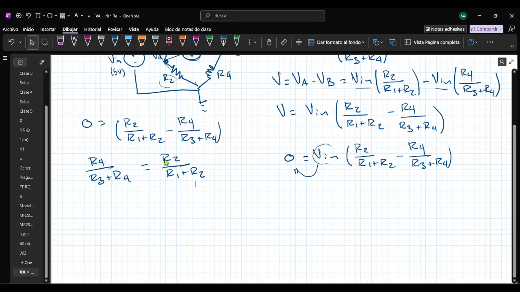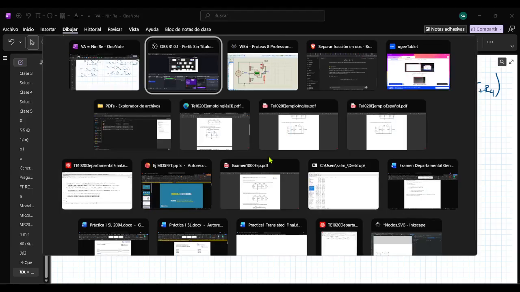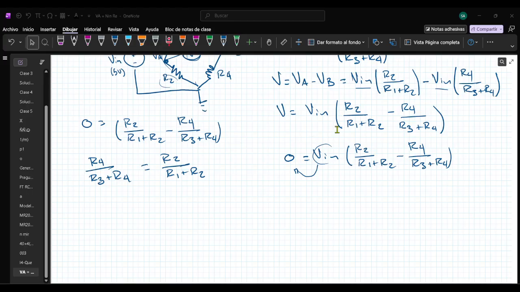Like in our calculations, we already learned that when this is zero, it's independent of the input voltage, right? So I can put as a power supply a 1 volt battery, a 3 volt battery, and it must work, right?